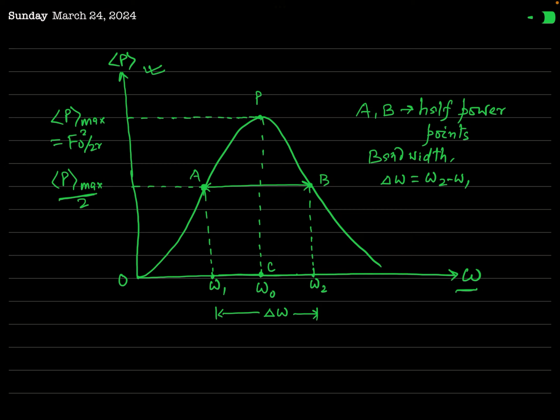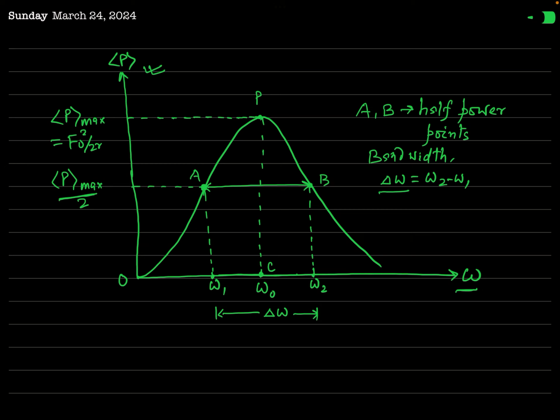This parameter delta omega is called bandwidth, in terms of which we can discuss the sharpness of resonance.